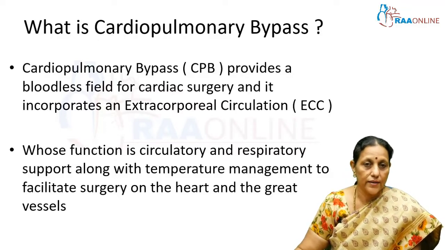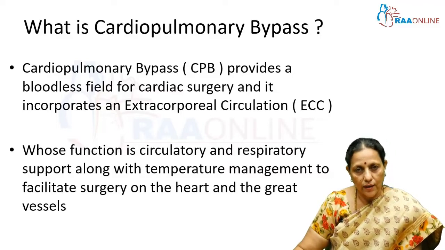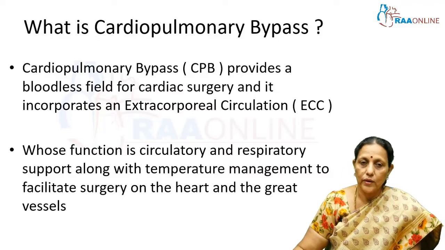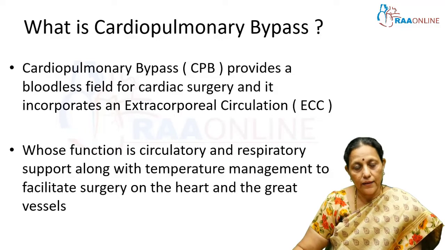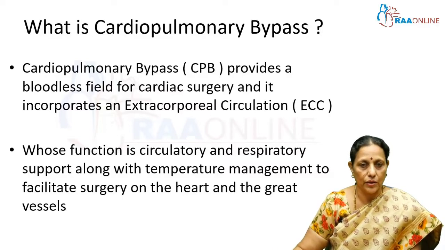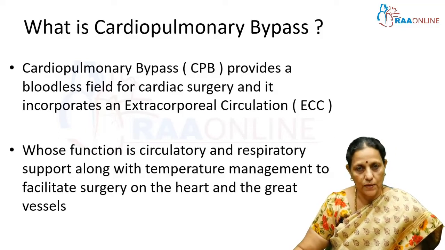First of all, there is a pre-bypass checklist. So what are the disposables, what are the hardwares that are going to be used for that particular patient? We have to have a detailed account of the patient data, and then selection of the CPB circuit is very important, because each patient will have a different circuit and a different size of tubings and different disposables.